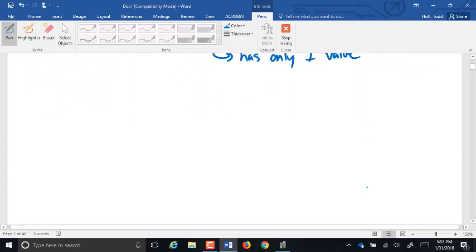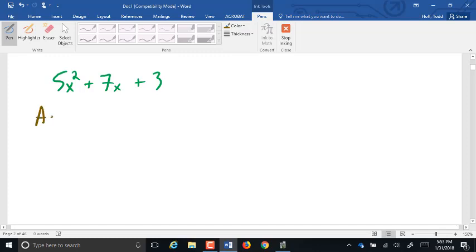So for now, let's go back to those algebraic numbers we had up above and look at how do we work with those. 5x squared plus 7x plus 3. Remember, last week when we talked about whole numbers and fractions and decimals, we came up with rules for adding and subtracting.